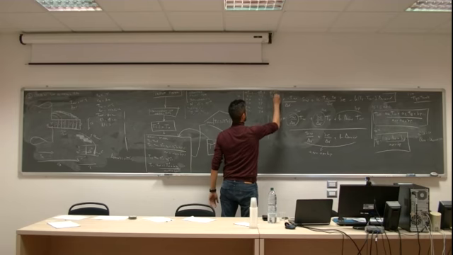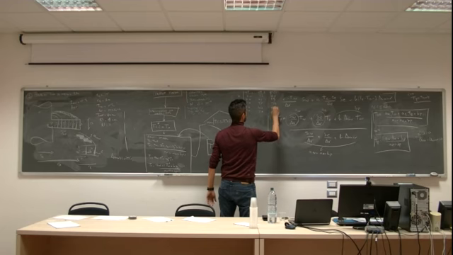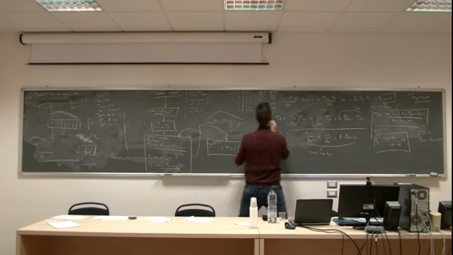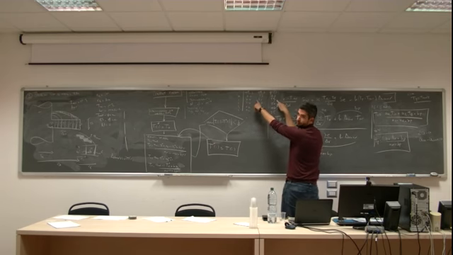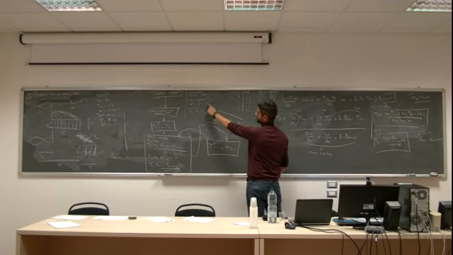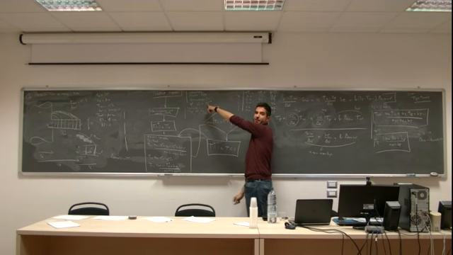Now what do I get? I got 61, 59, 47, 40, 25. What is the maximum deviation between those two? 2. Is it acceptable? No, it's not acceptable. The maximum deviation is 10 to the minus 6.